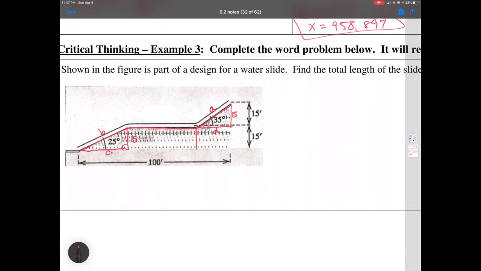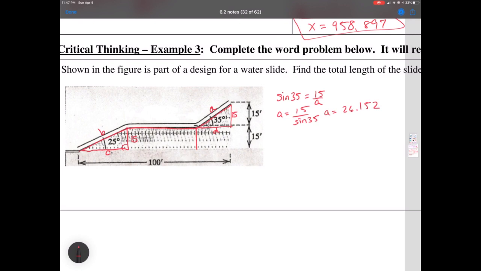So first we're going to find A. So we have 15 in A, so that's opposite and hypotenuse, so that's sine of 35 equals 15 over A. Well, A equals 15 over the sine of 35. And so A equals 26.152.